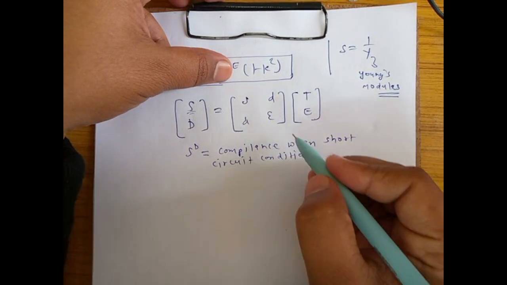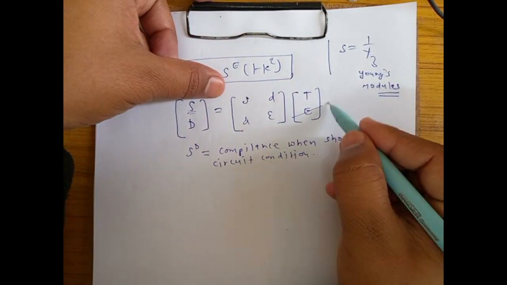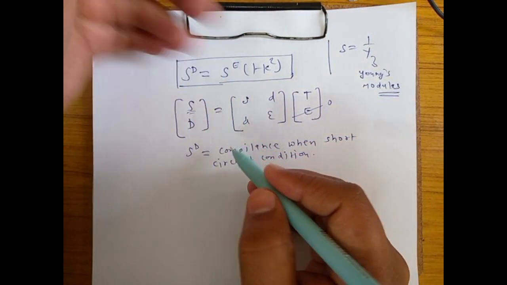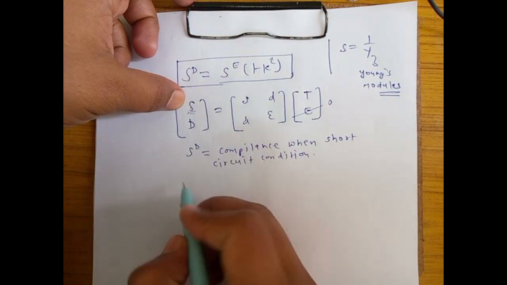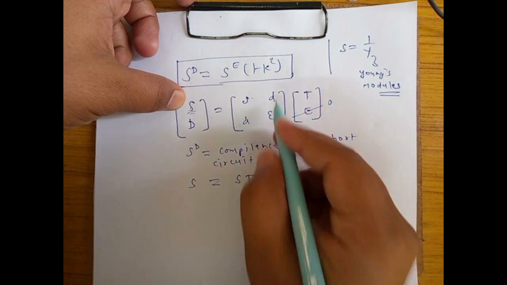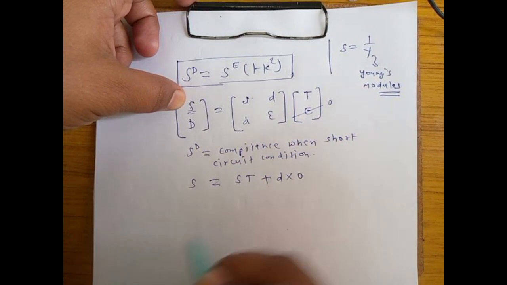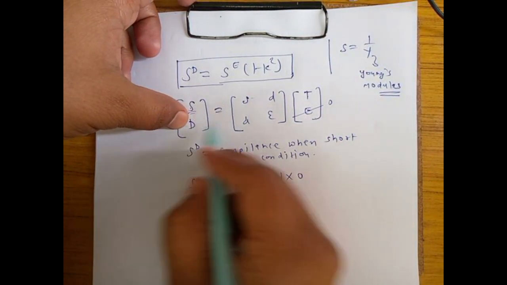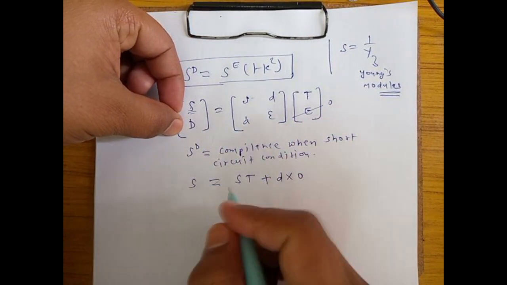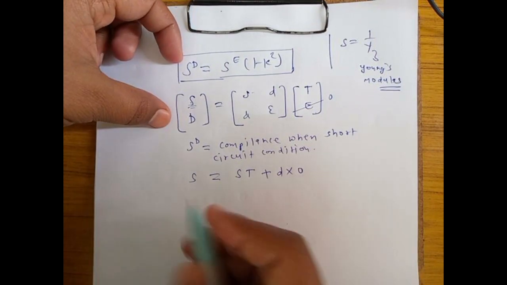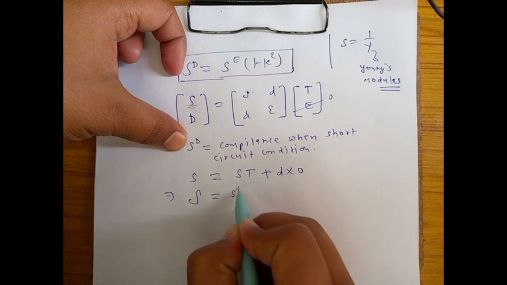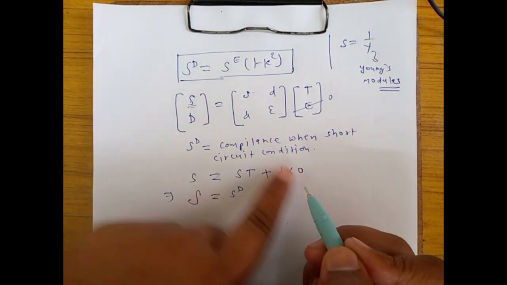So when electric field is zero, this term will be zero. Then the matrix will become S equal to s multiplied by T plus g multiplied by 0. We will not write this because it is not necessary for this proof, right? So this is capital S and this is small s, when electric field is zero.